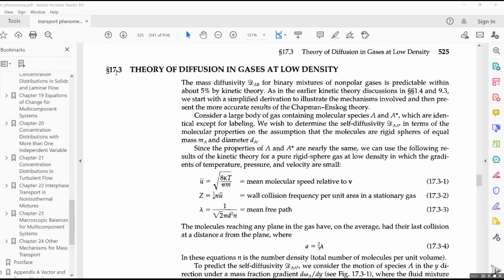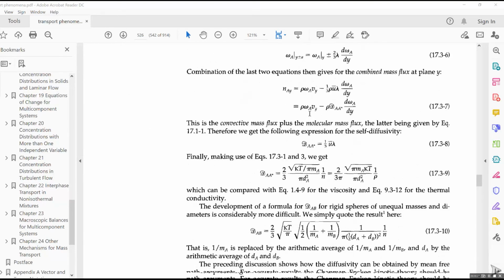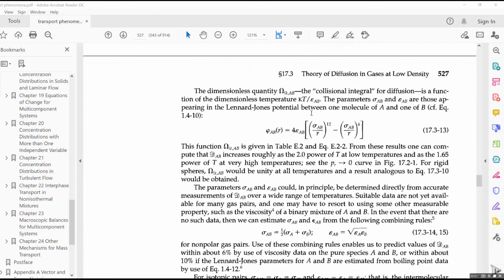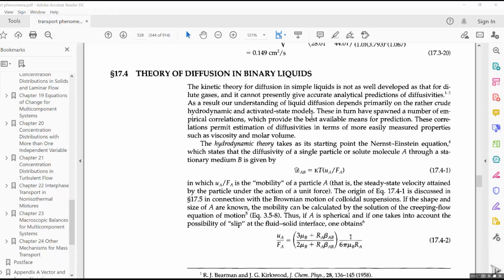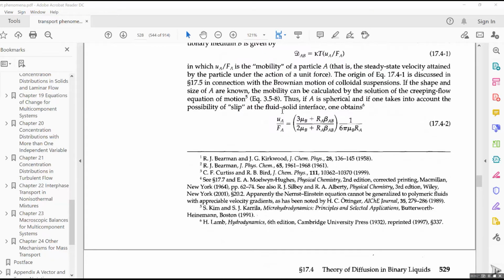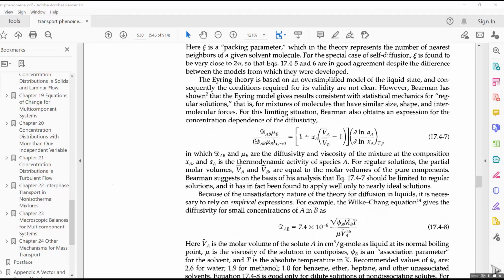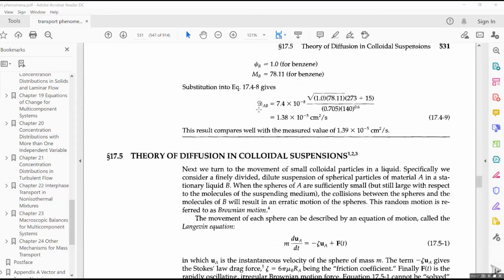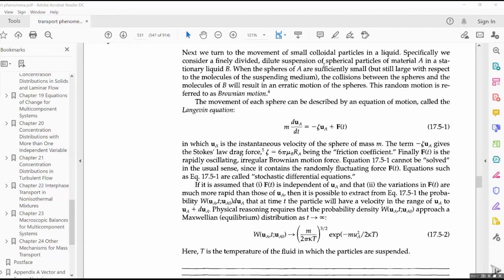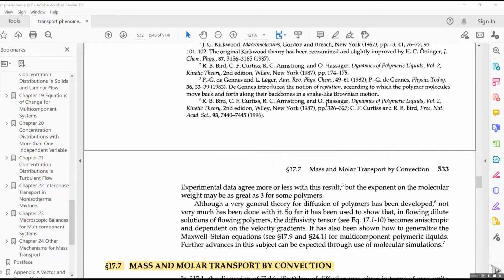Section 17.3 gives some theory of diffusion in gases at low density, with calculations of the diffusivities from the theory point of view. Similarly there are theories for binary liquids, and the chapter continues. I don't want to go into detail about these sections, nor suspensions or polymers.